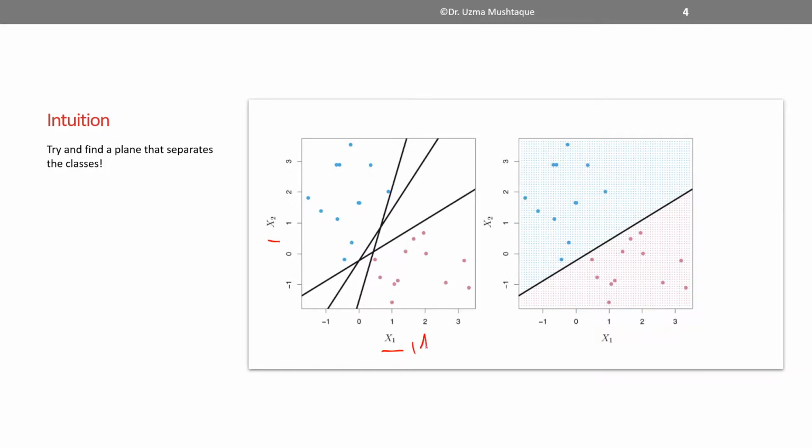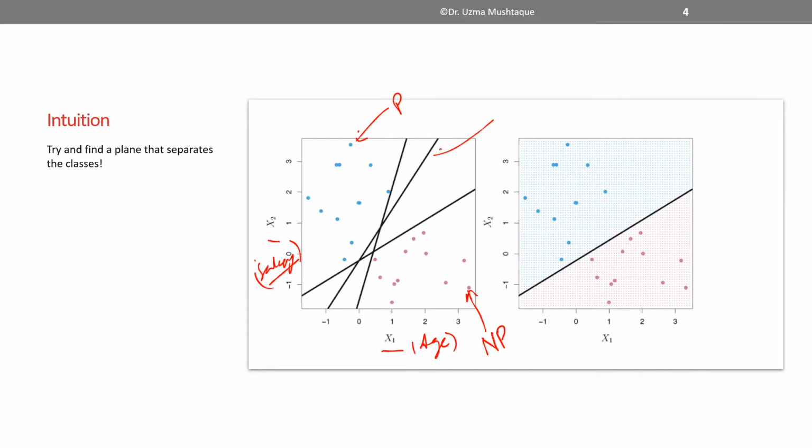For example, the age of a customer and the salary of a customer, and based on that we were determining whether the person buys something or not. So let us assume this is representing that the customer purchased something, and this is representing that the customer did not purchase anything.